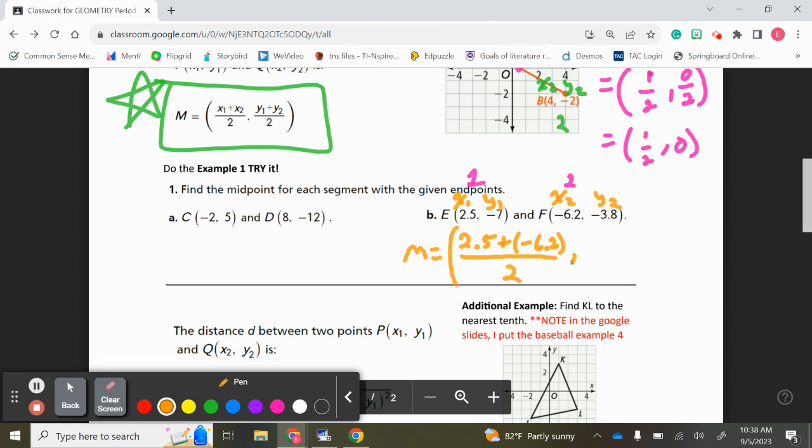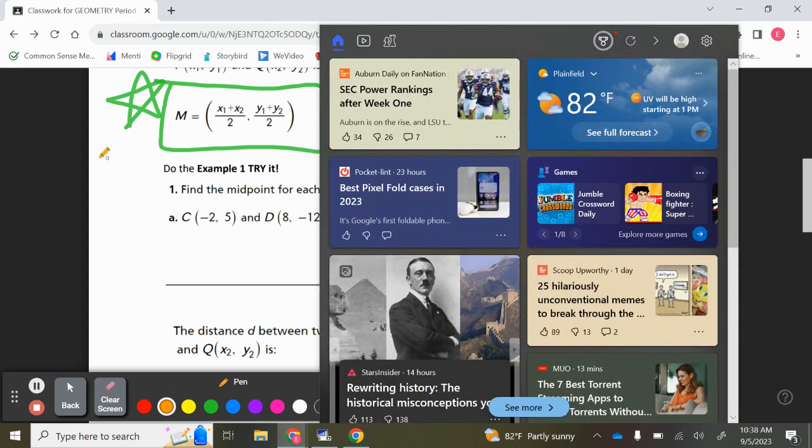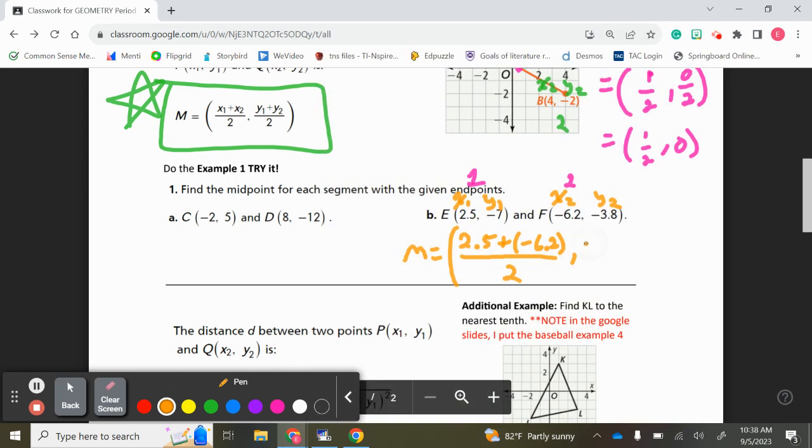Comma. I'm going to work with my y's. Here's y1, here's y2. So this will be negative 7 plus negative 3.8 divided by 2.